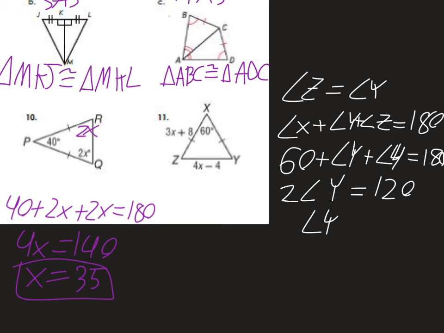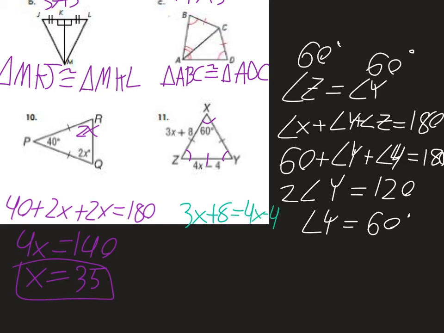So angle Y must equal 60. If angle Y equals 60, then angle Z must equal 60, which means that this isn't an isosceles triangle. It's actually an equilateral triangle. So now we can say that 3x plus 8 is equal to 4x minus 4, which when we combine like terms, we'll end up with x is equal to 12.